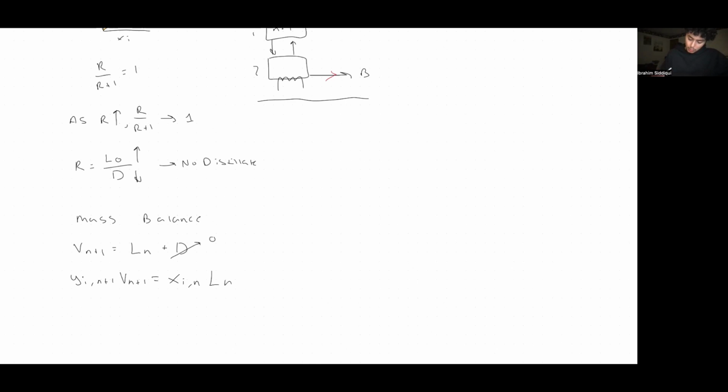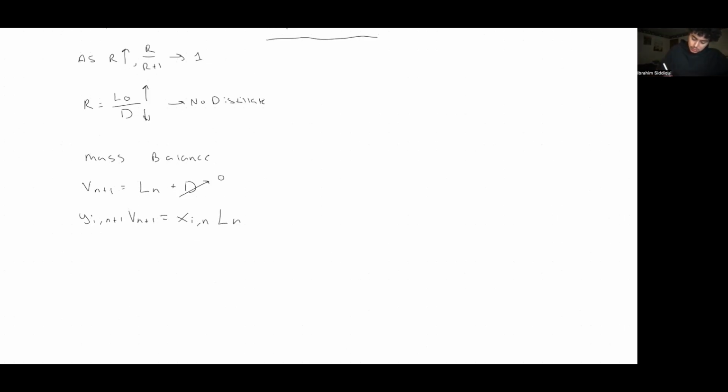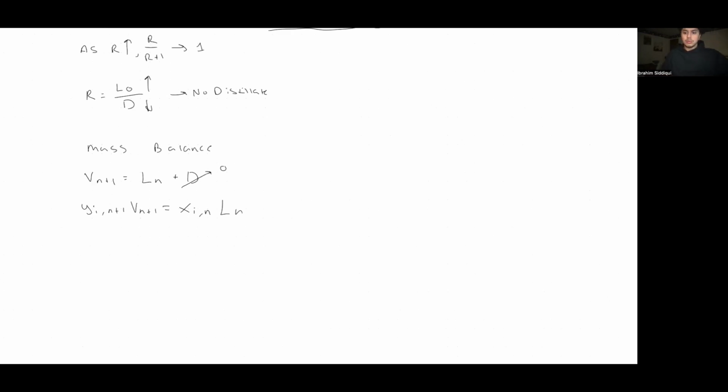What we want to do from this point is cross out some things. I'm going to change the color. Okay, so we can cross out this, and we can cross out this.